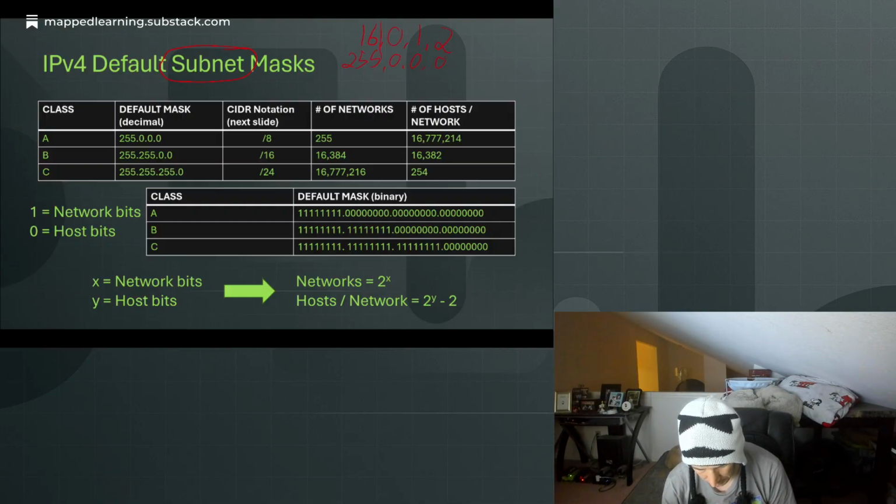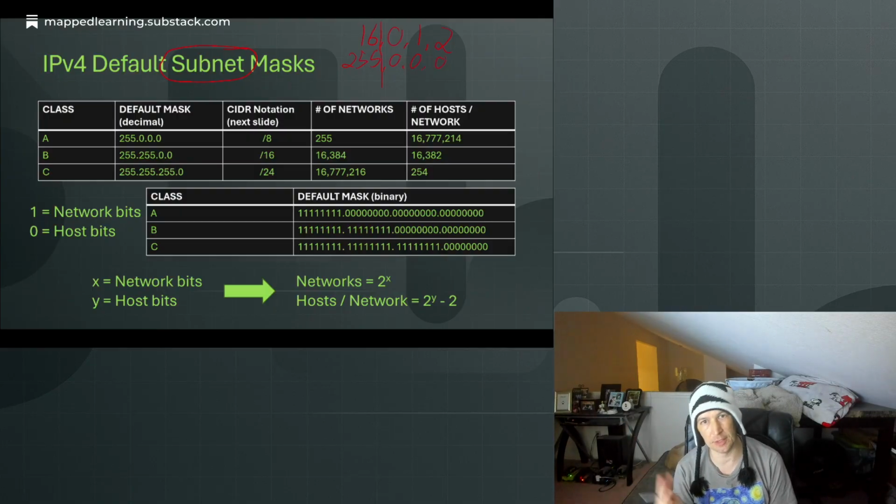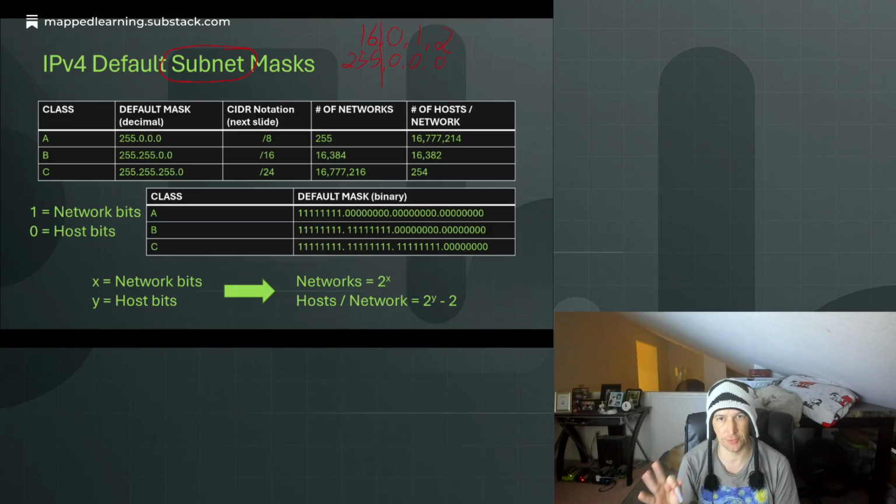So we can just draw an imaginary line right there. Everything to the left of this line is part of the network, and everything to the right is a host address. So 16 dot whatever is all going to belong to the same network by default. That doesn't happen in practice, but we're talking about a technology that is over 40 years old.